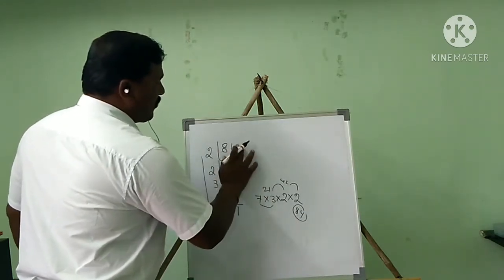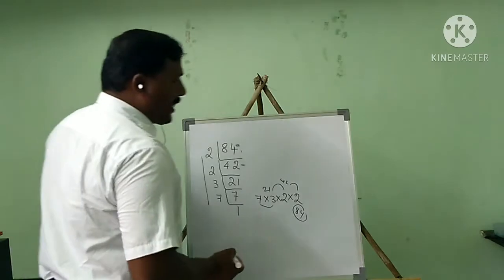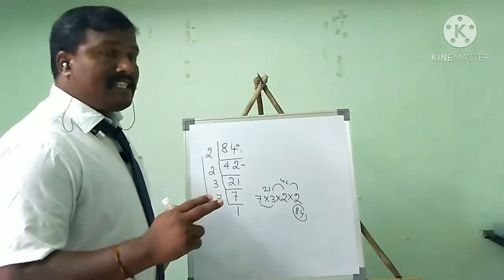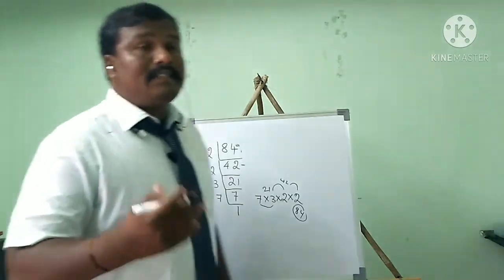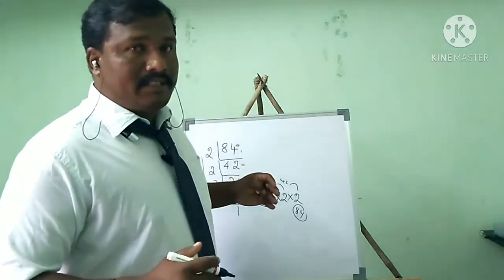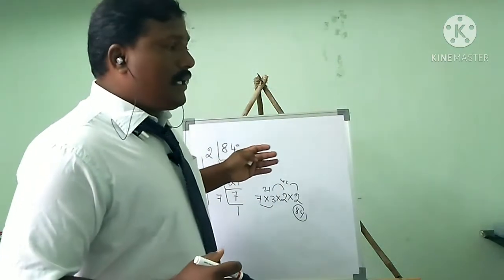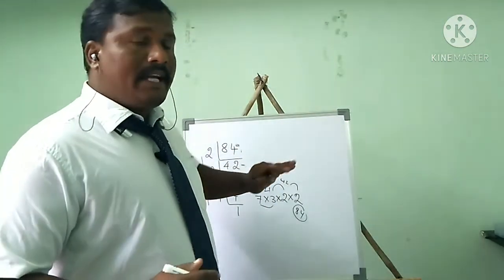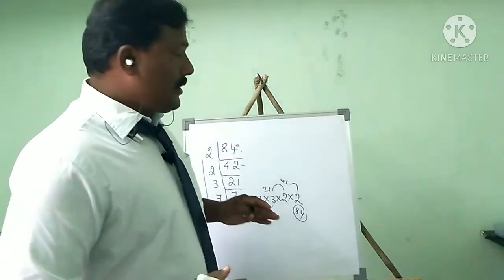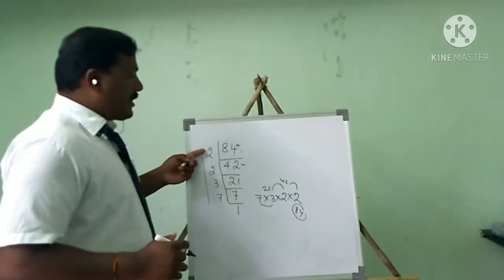So we got 84. So you can do this sum in two methods: one is the tree method, and another one is the shortest division method. So you can solve this kind of sum with any method, tree method or short division method. First of all, I have taken 2.